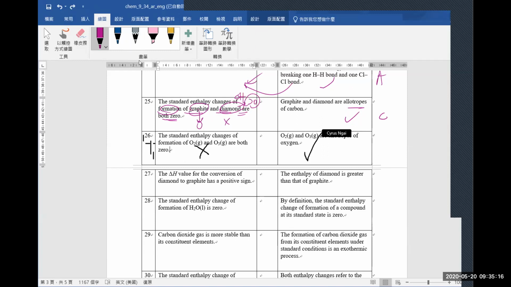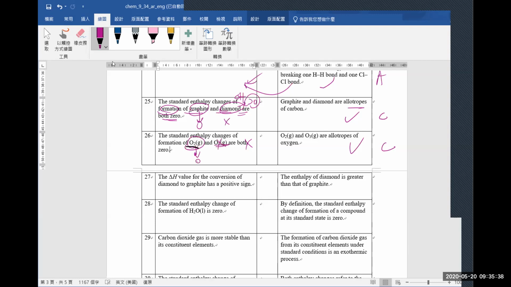Yes, cross and tick. The first statement: enthalpy change of formation of O2 and O3, they are both 0. Again, which one is correct? For O2 and for O3, which one is more stable? Yes, this one is 0, but this one is not.